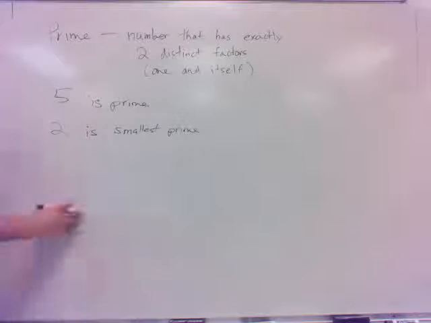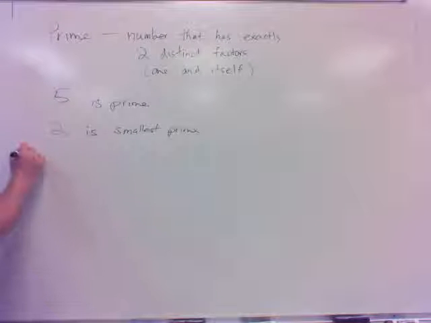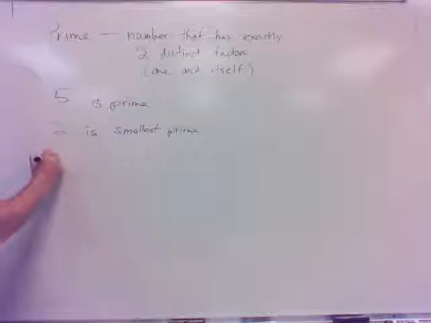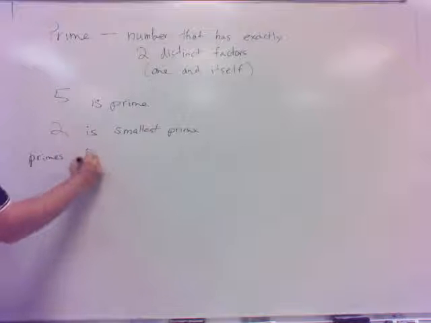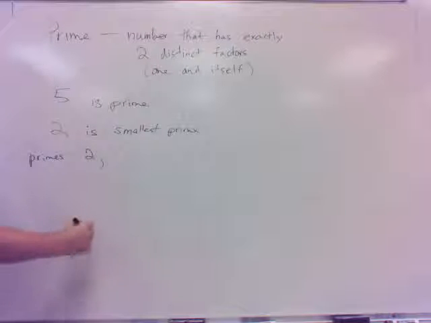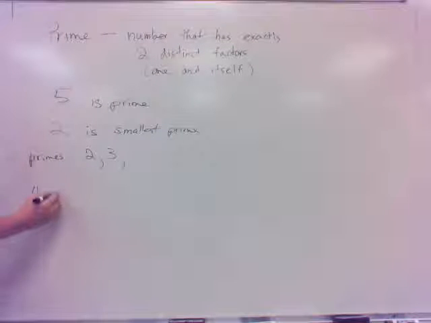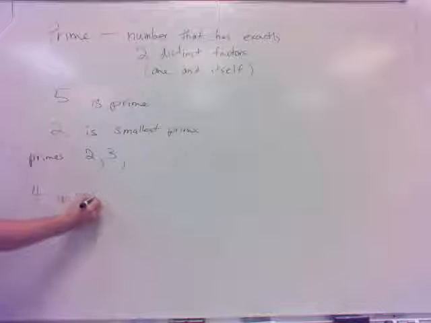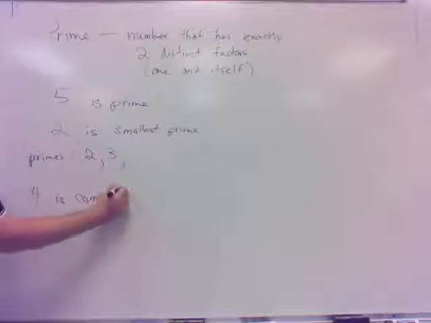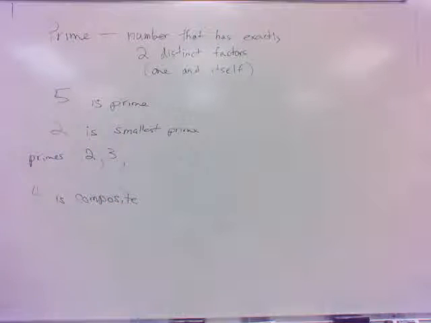Okay, so we just start listing primes. Start with 2. Then we've got 3. Is 3 prime? Yes. 4? No. Now, that brings up the other little word there. 4 we call composite.